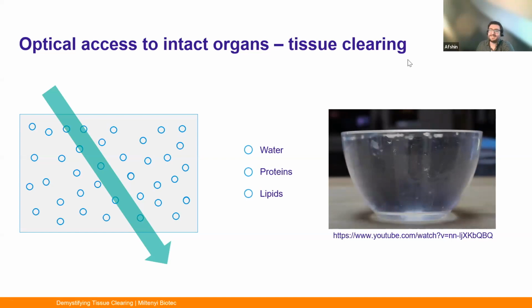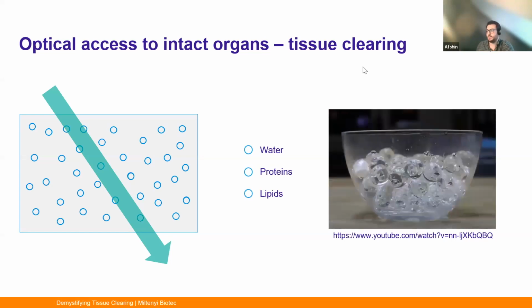So this is actually what happens during the clearing. So this is the basic principle. Of course, water and glass have different refractive indices. This is just a kitchen experiment, just demonstrating the principle behind the tissue clearing.